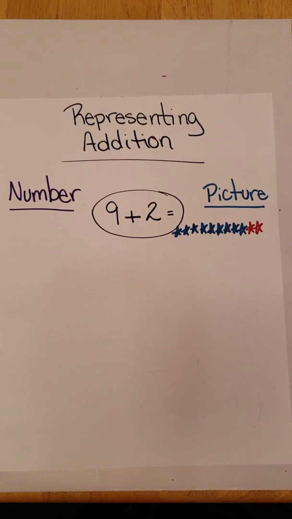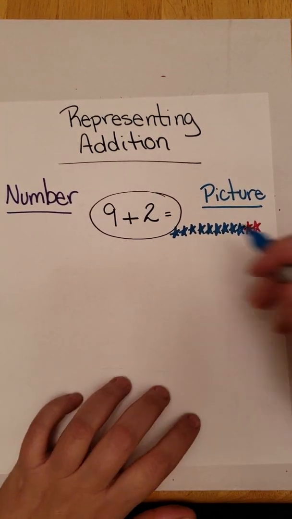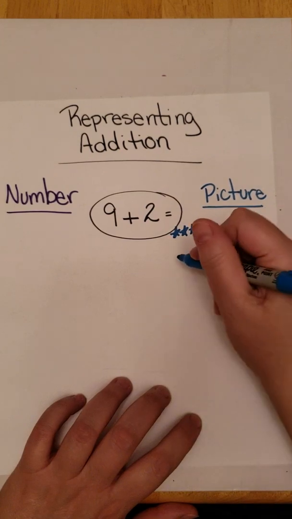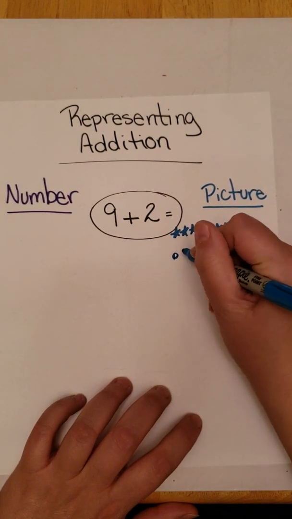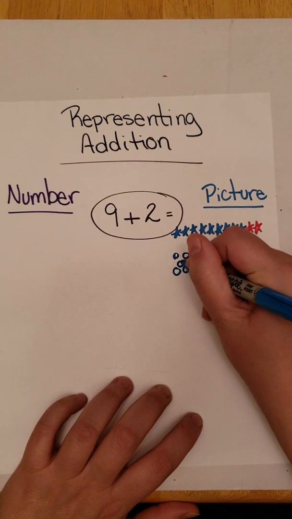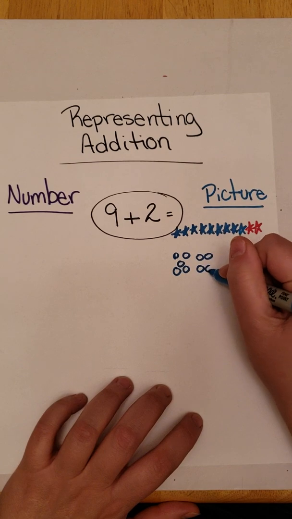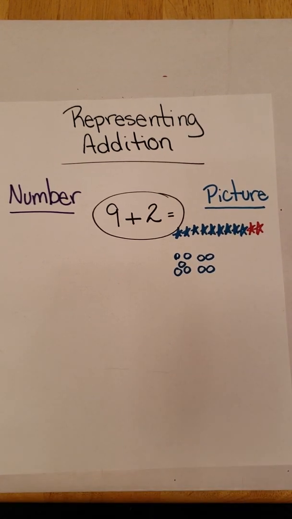I bet I could also do it this way. I'm going to think about how I could make 9. What if I did this? 1, 2, 3, 4, 5, 6, 7, 8, 9. There's 9 things.